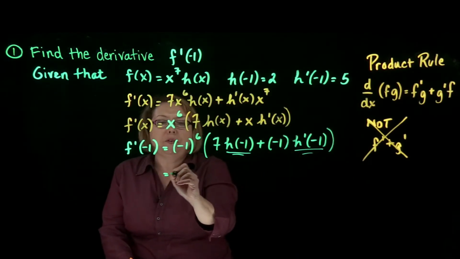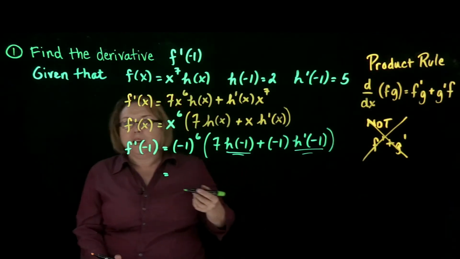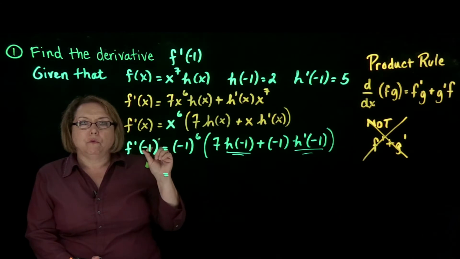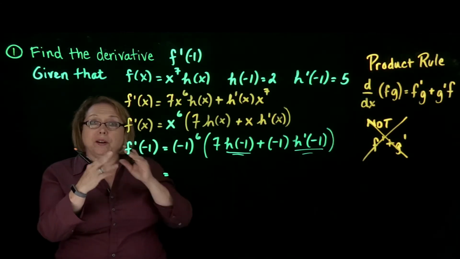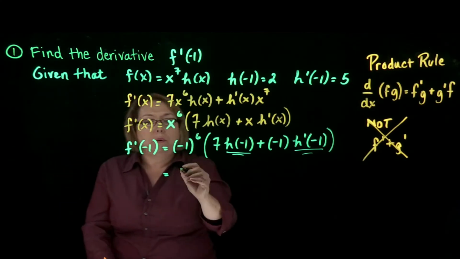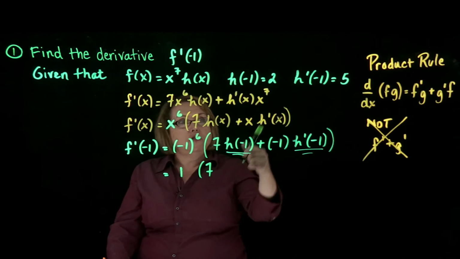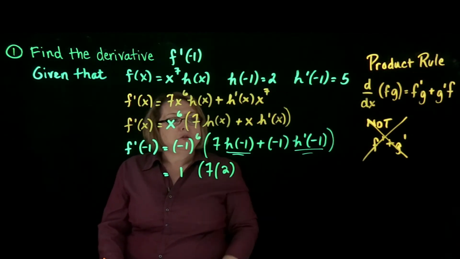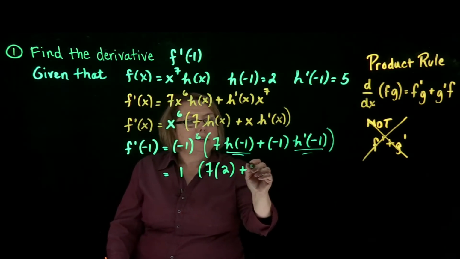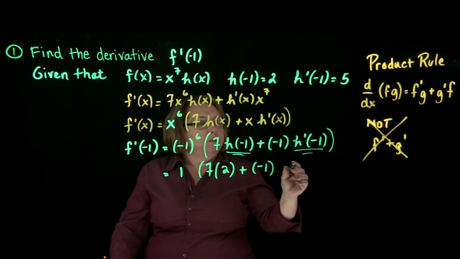So let me simplify a little bit. Negative 1 to the 6th, negative 1 to any even power will be a positive 1, because think of it as pairs. Negative 1 times negative 1 is positive 1. So we will have a positive 1 here times 7, and then what was h of negative 1? Was 2. 7 times 2 plus negative 1, h prime of negative 1 was 5.